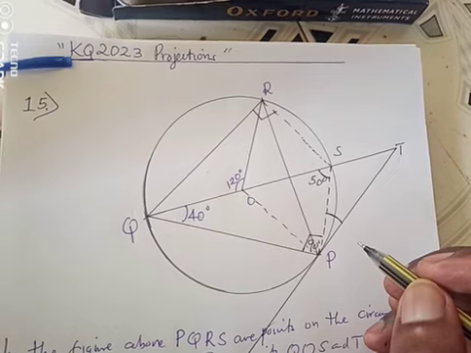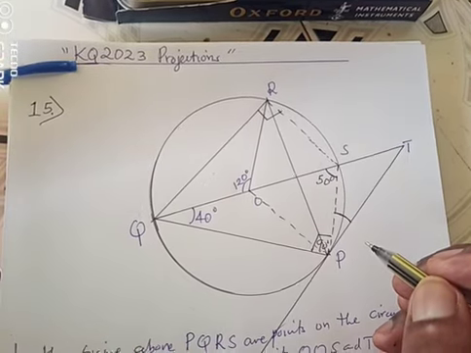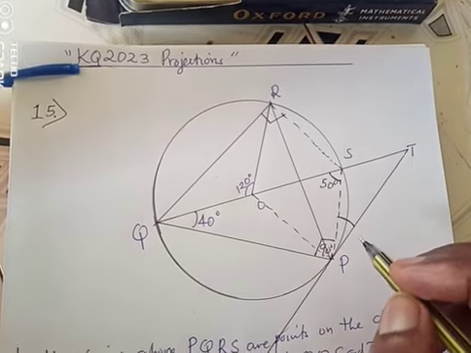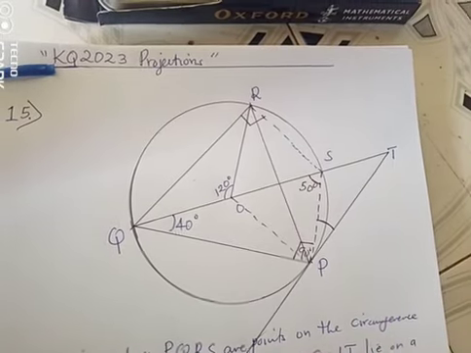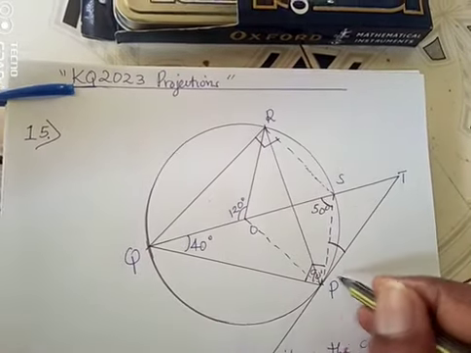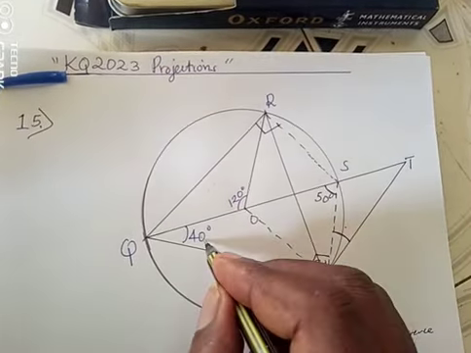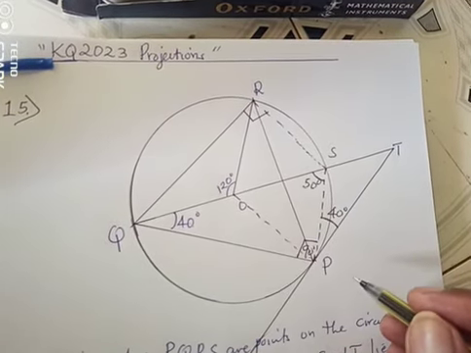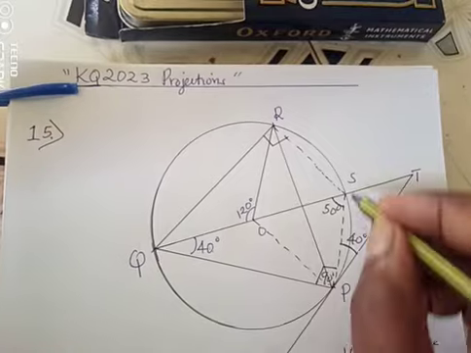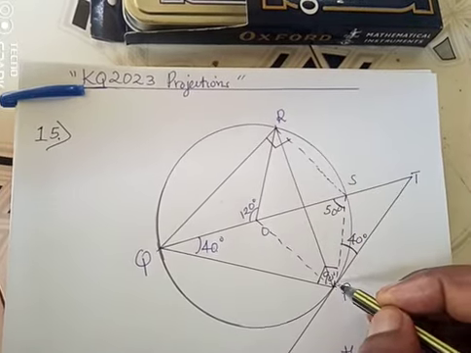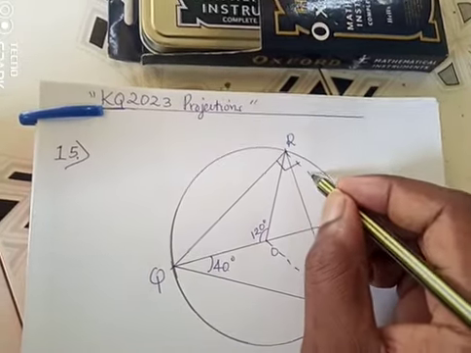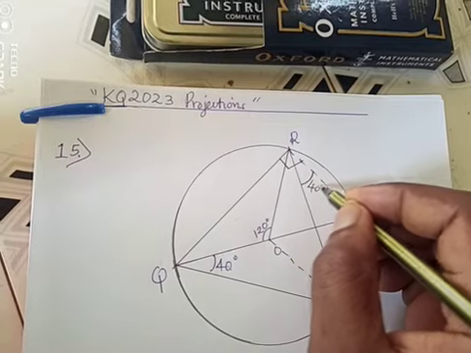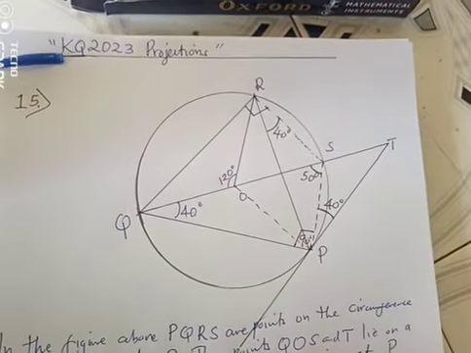Angles in opposite segments, or somebody says angles in alternate segments, are always the same. So the opposite segment is 40. So this angle becomes 40 degrees, and therefore another aspect of the same, angles in opposite segments here becomes 40 degrees.